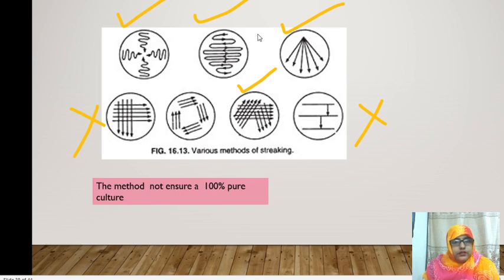Just see here, this one is the first colony. Stop it here, heat the loop, again take the sample and draw it here. Second colony, then heat the loop, take the third inoculum and draw it here. Likewise the 4th one. 4 different colonies were identified.